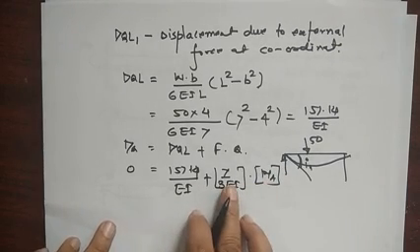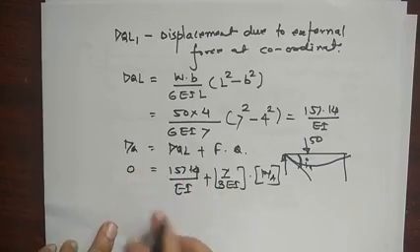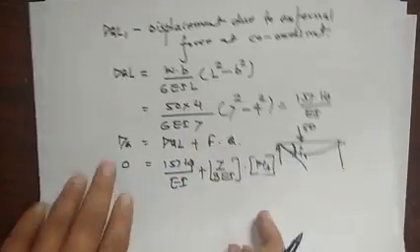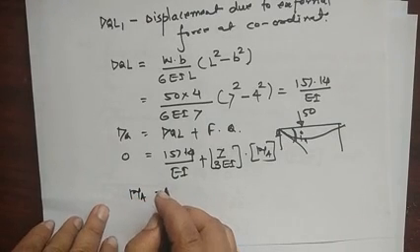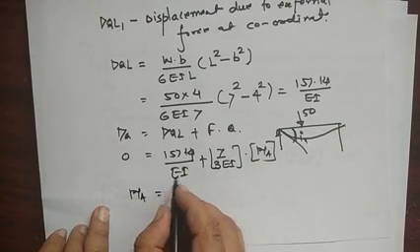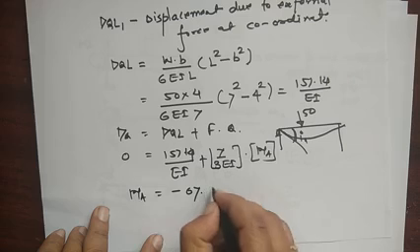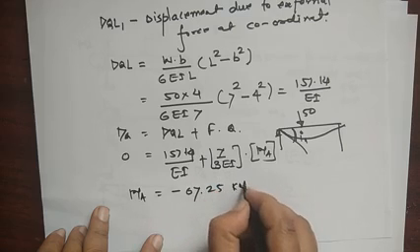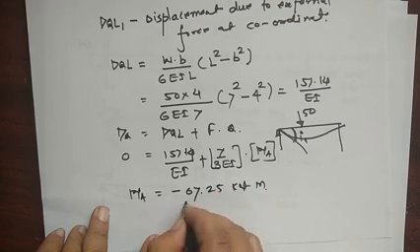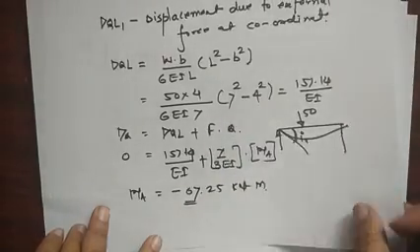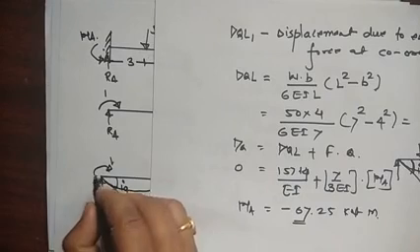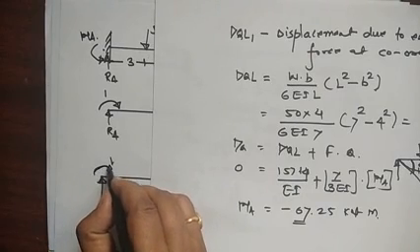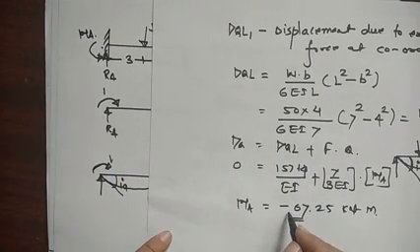Now solve this, take this, so this MA is equal to minus 67.25 kilonewton meter. Now what does this minus sign indicate? We applied the rotation in the clockwise direction, and the answer is negative.